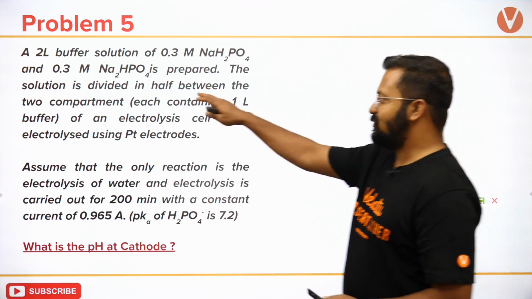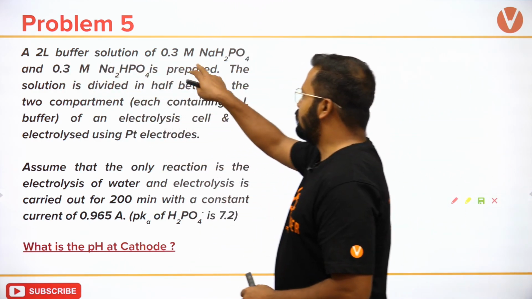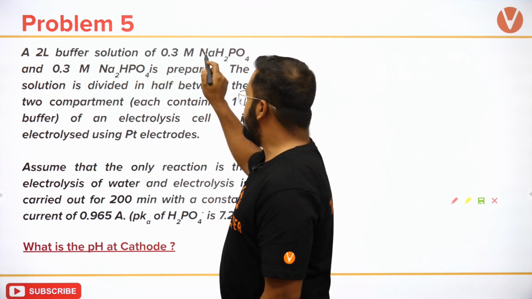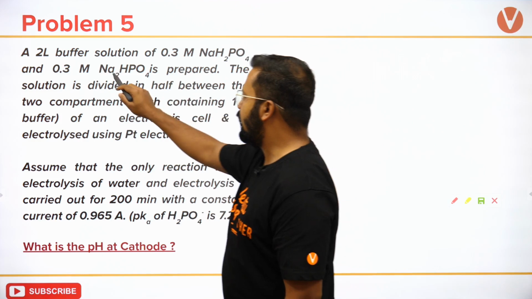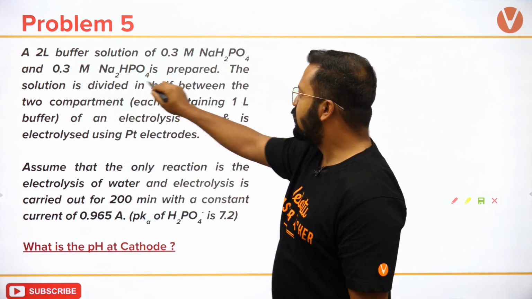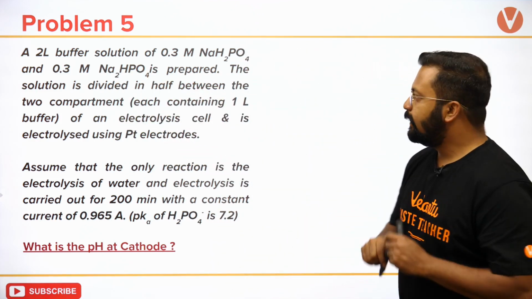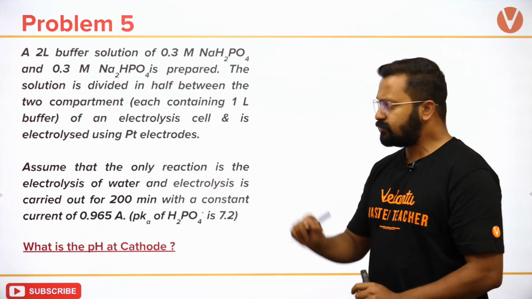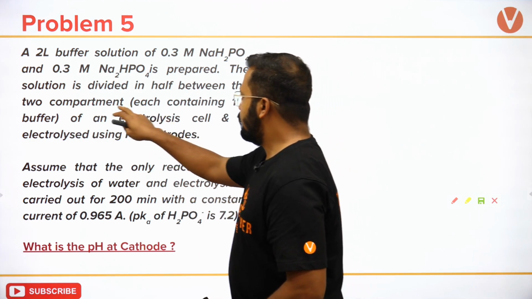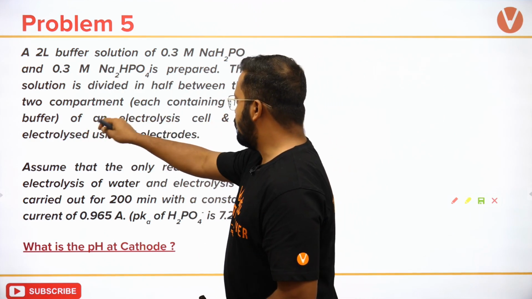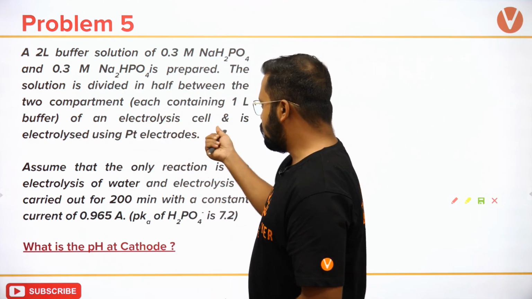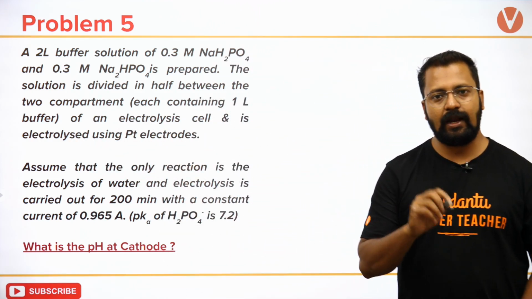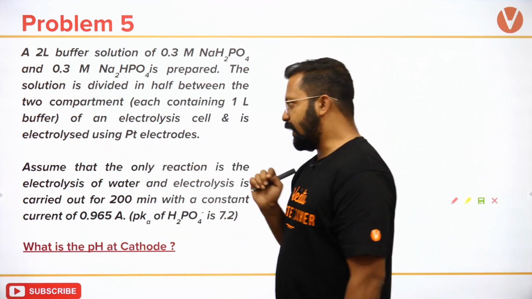Okay. So 2 liter buffer solution of 0.3 molar NaH2PO4, sodium dihydrogen phosphate, and disodium hydrogen phosphate is prepared. Okay. The solution is divided in half between 2 compartments of an electrolysis cell and is electrolyzed using platinum electrode.